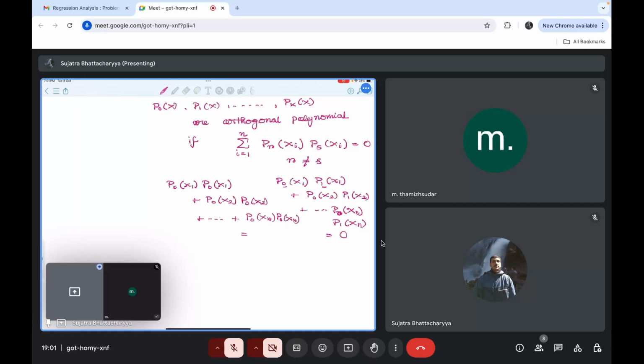This will give you the summation of P naught square xi, which is some value. But if this is P naught and the other polynomial is of order 1, then it will always be 0. This is what you call the orthogonality condition.